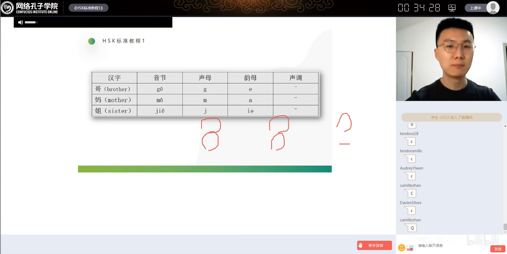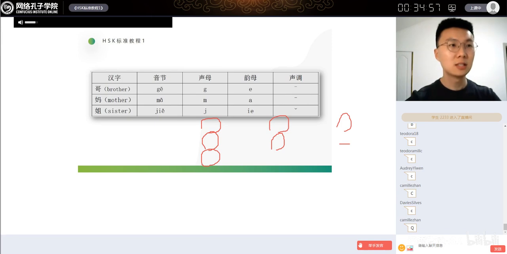Put them together. 妈, 妈妈. It means mother, mom. 妈妈.